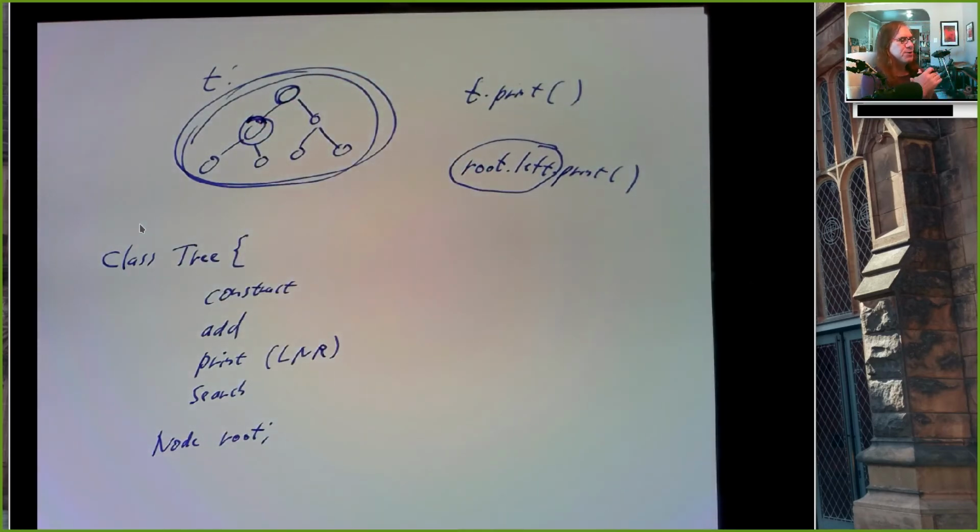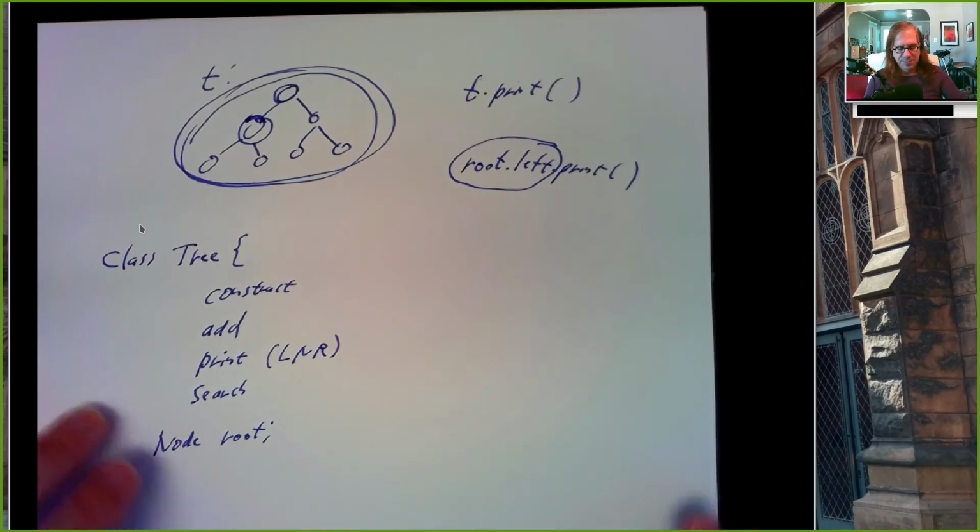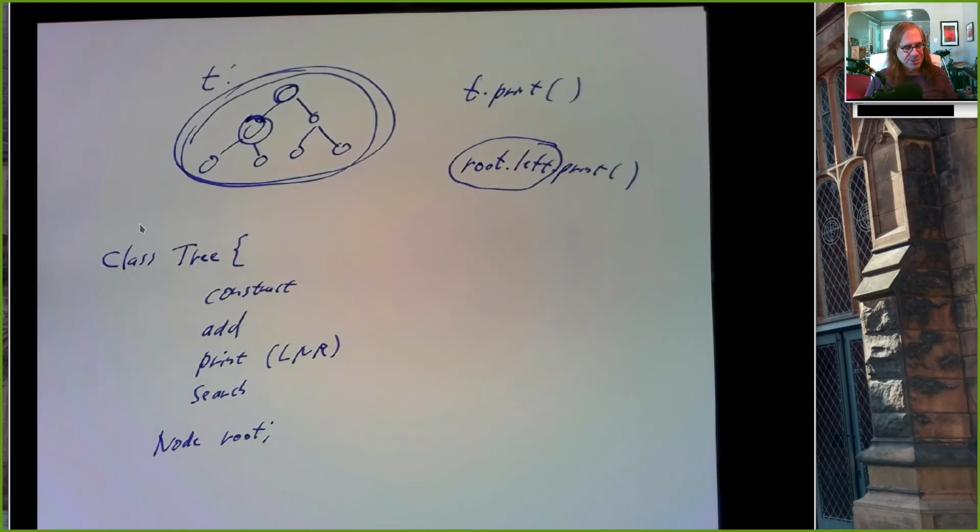So we're going to end up writing a pair of methods for each method we want. We're going to put a print method in the tree class, but also in the node class. And it's really the node class that's going to do all the recursive work. Okay, so that's just a warning for what might look like some weirdness coming up.